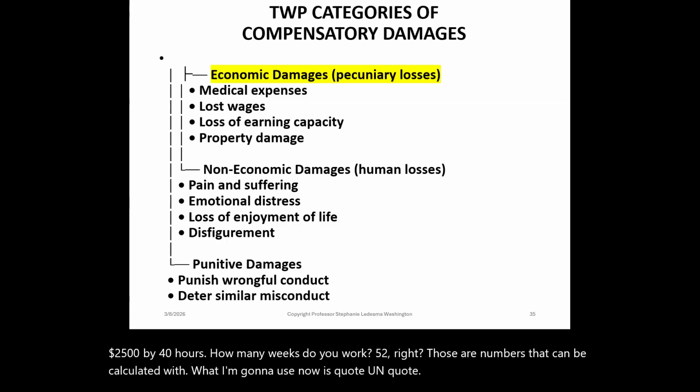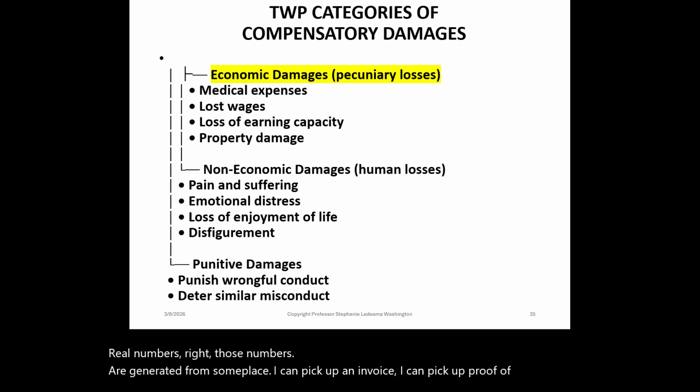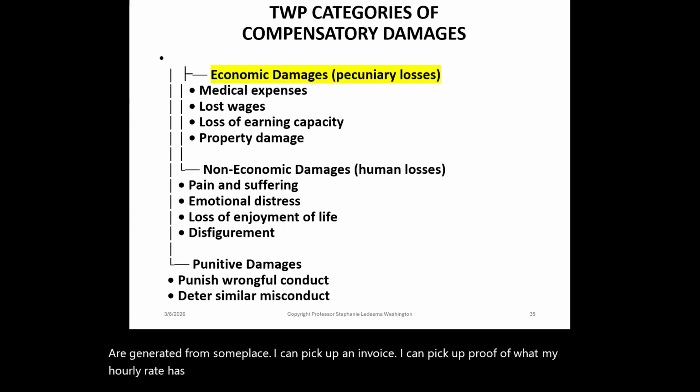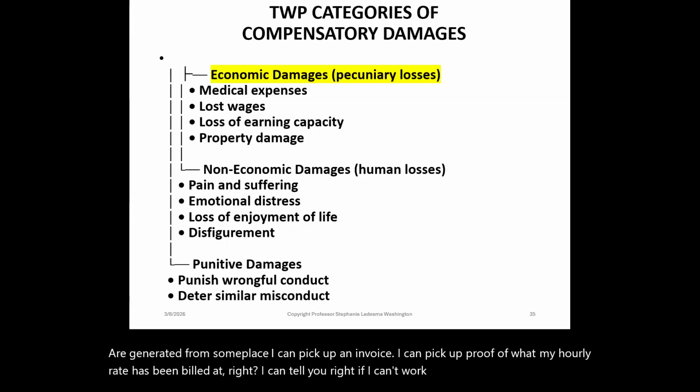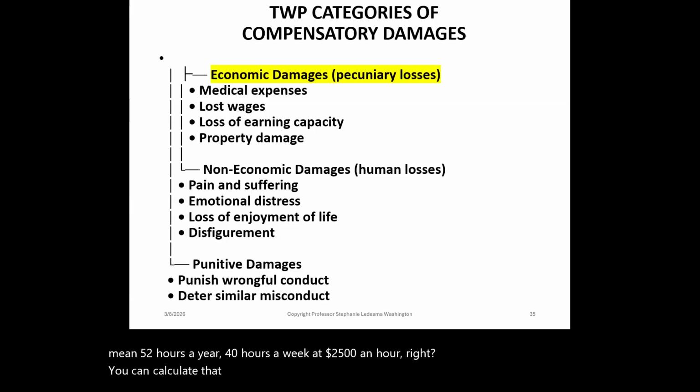Those numbers are generated from someplace. I can pick up an invoice. I can pick up proof of what my hourly rate has been billed at, right? You can calculate that. You might have to pull out a calculator, but you can calculate that.